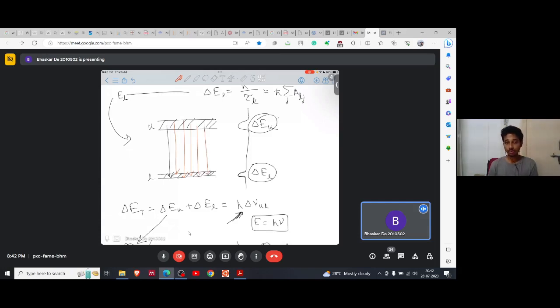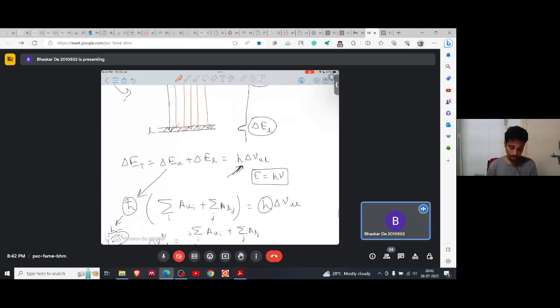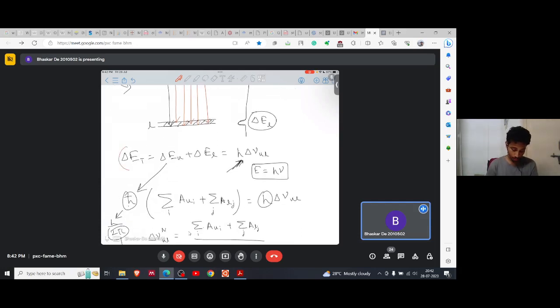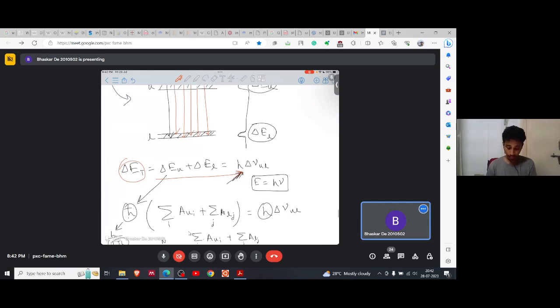So it will give a lot of uncertainty in the transition, and that will propagate to h delta nu ul. So basically the photon that is emitted will have this uncertainty in its frequency.